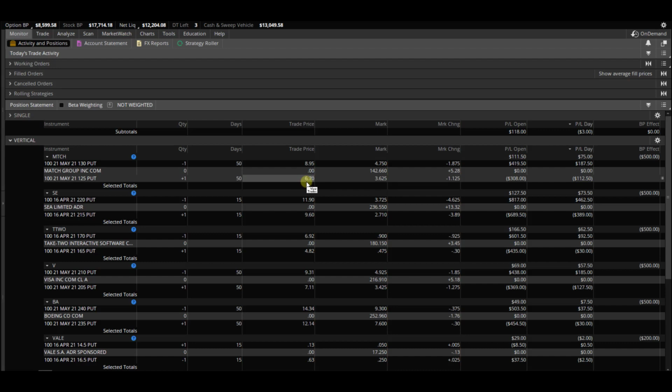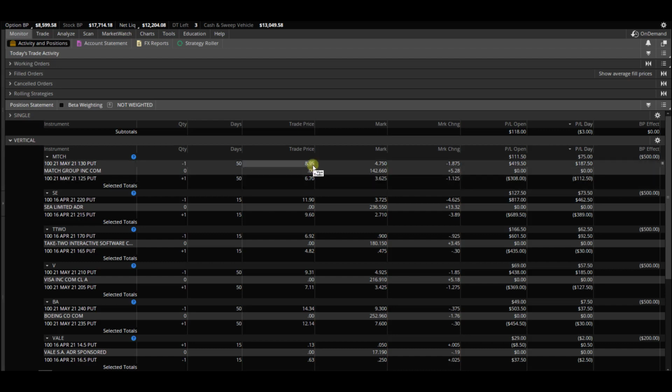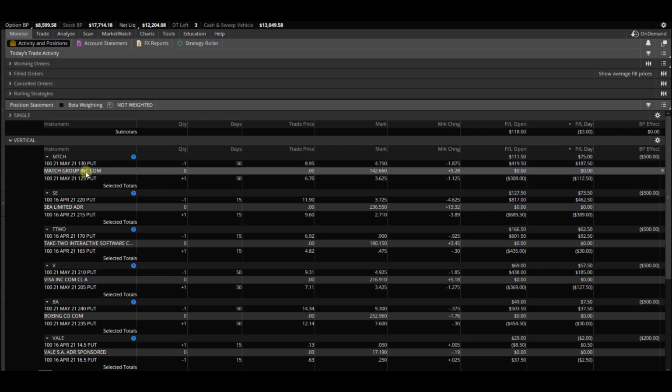So I collected a net $225. I said my max loss is $500. Well, my net max loss is going to be the $500 minus the $225 in premium I received. So my real max loss is $275. So I can lose $275.